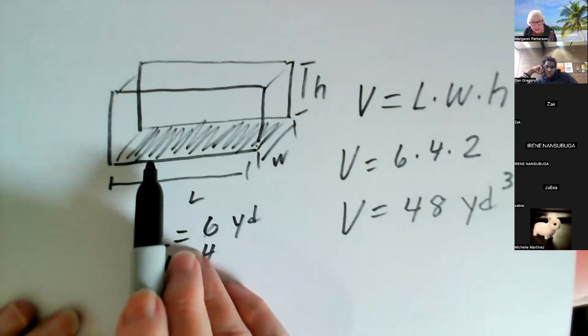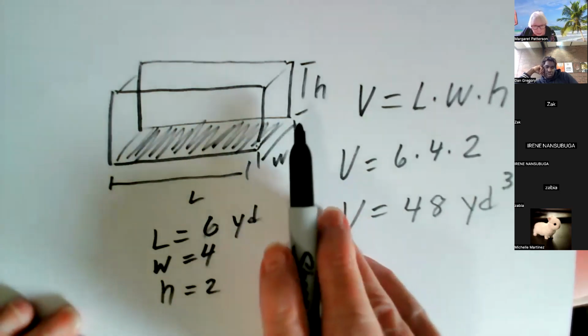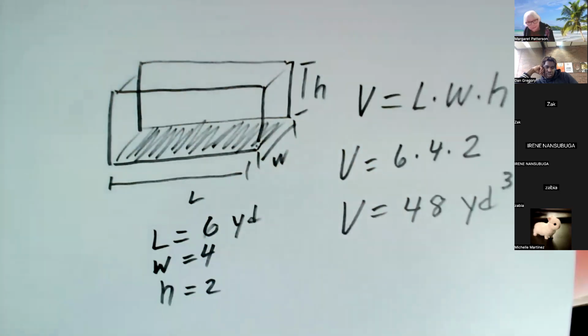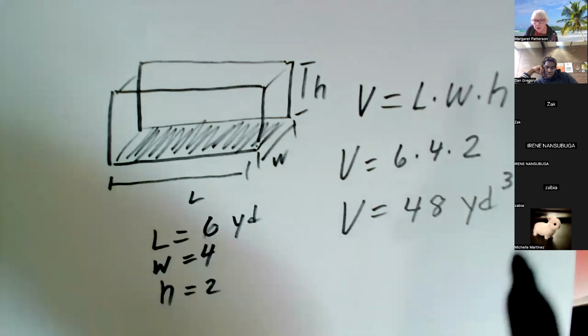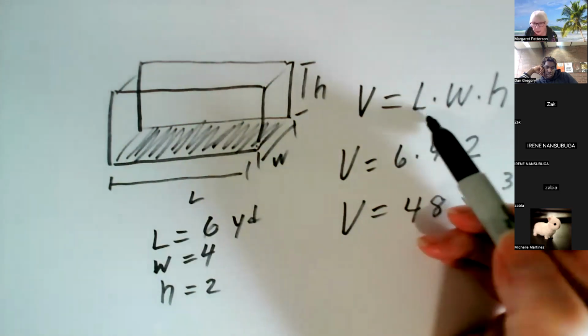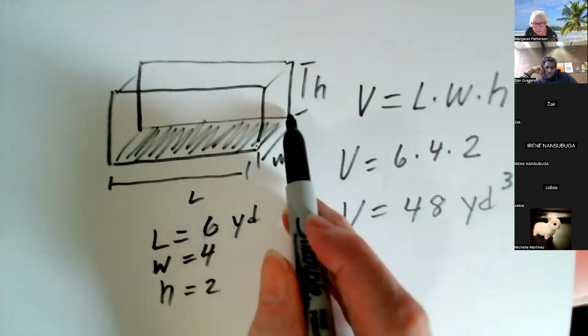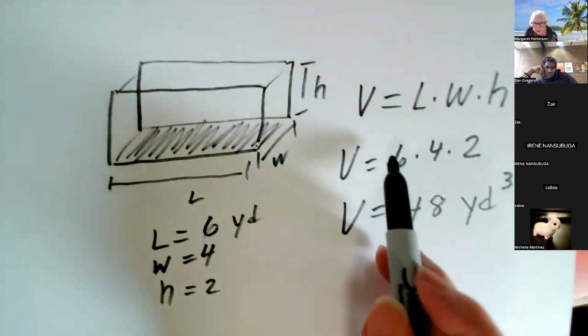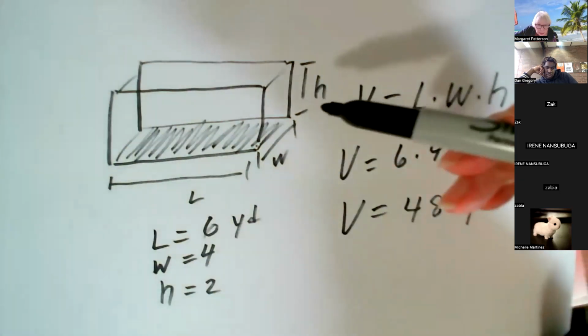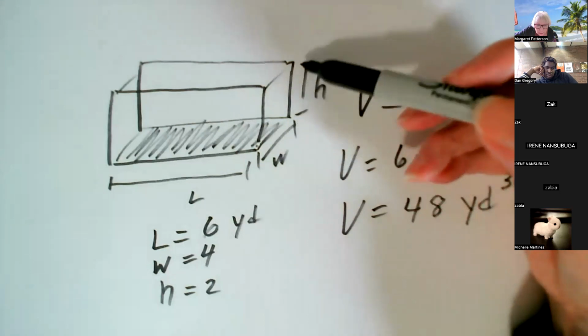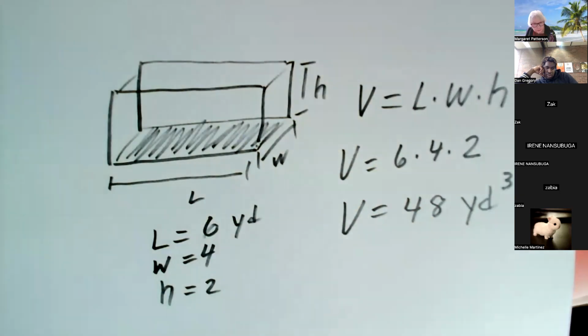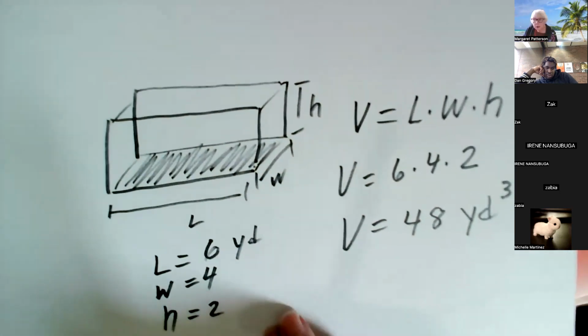So it's basically the length times the width, and then how high did it go? That's the formula. This part was just for the area of the bottom, length and width, which would have been 6 times 4. But then you had to know how high did it go, and it went up 2. And there's just one more.